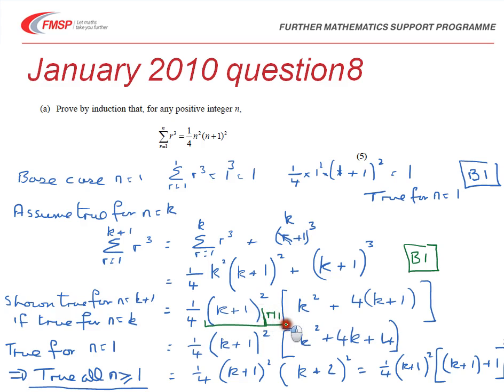So a method mark for getting that correct, even if you don't get the accuracy mark. Once you've got down to this stage here, there's an accuracy mark for doing the correct algebra to get to this expression. And then the final accuracy mark, as I've already stated, is for making sure that you've got all of these elements here in the proof. So this statement at the end is vital to pick up that final mark. So there we are, the 5 marks allocated to that particular question.